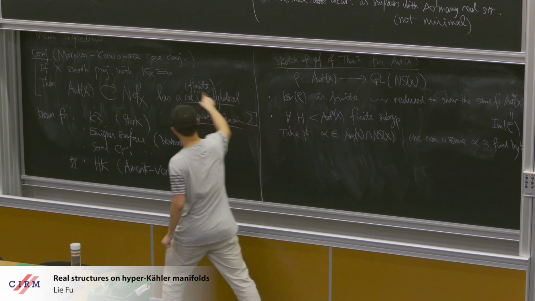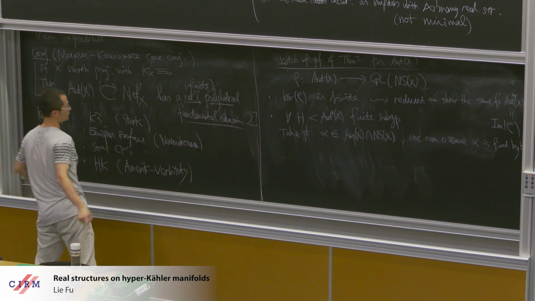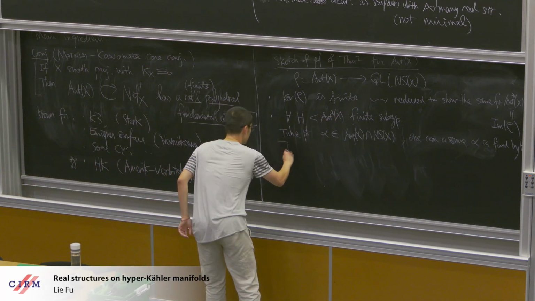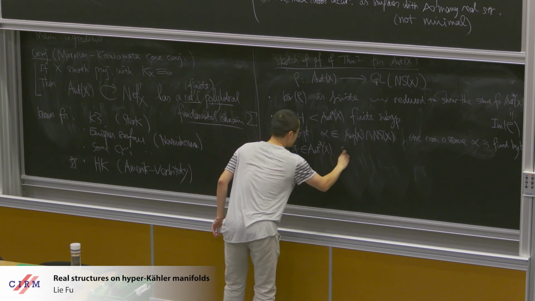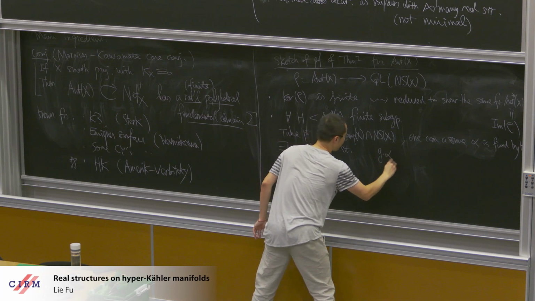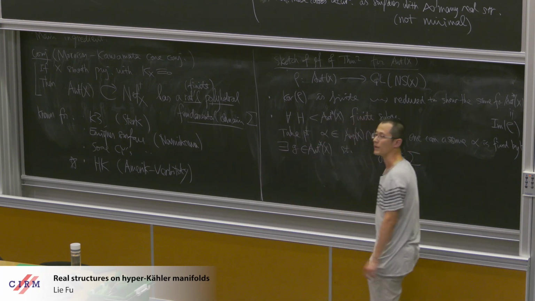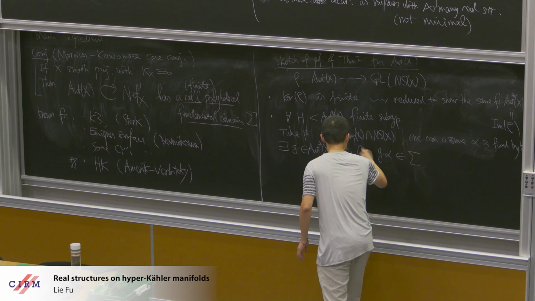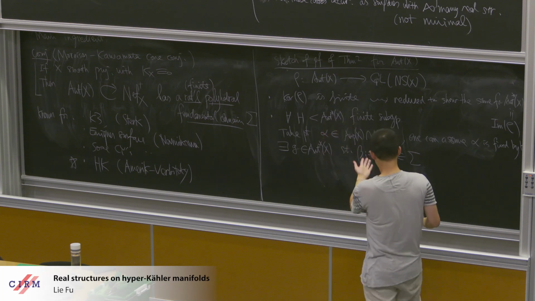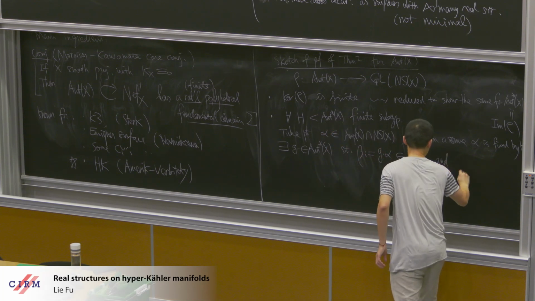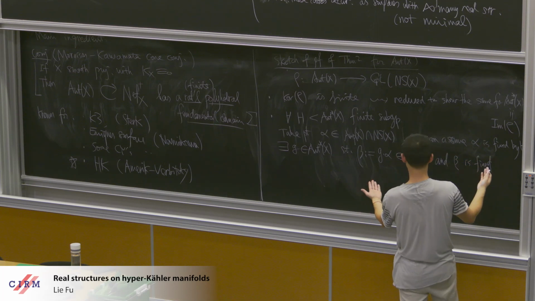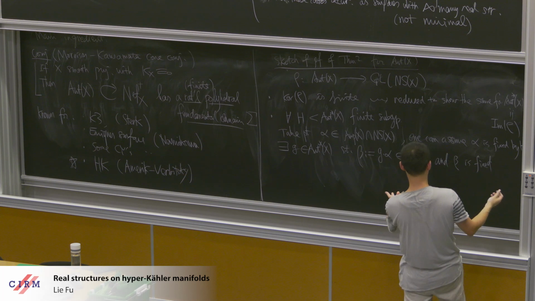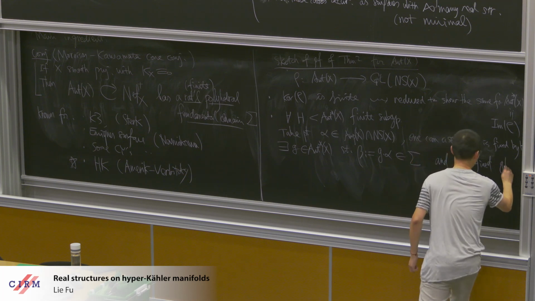But by the Morrison-Kawamata cone conjecture, proved by Amerik-Verbitsky, there exists a group element g such that g alpha is inside this fundamental domain. Let me call it beta. Okay? But beta has the property that beta is fixed not by H, but by a conjugate of H. Which conjugate is that? g H g inverse.